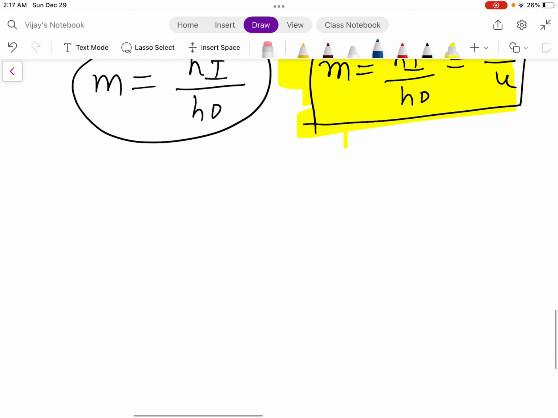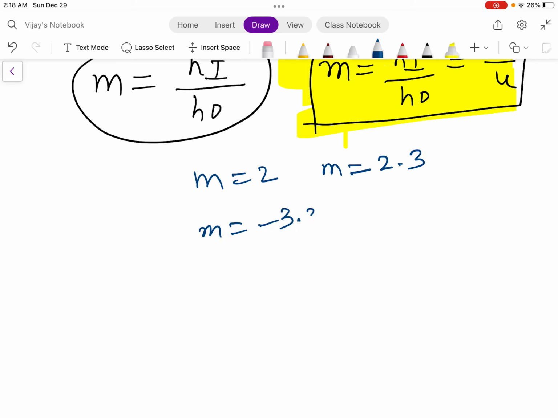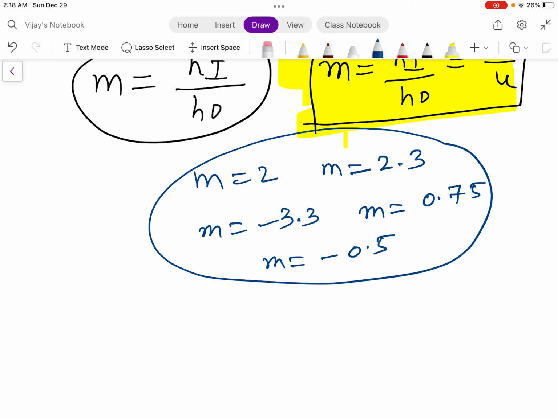Now when I calculate this magnification, I can get magnification of 2, or magnification of 2.3, or magnification of minus 3.3, or magnification of 0.75, or magnification of minus 0.5. I can get values like this. Now from the value of this magnification, you can conclude some things.